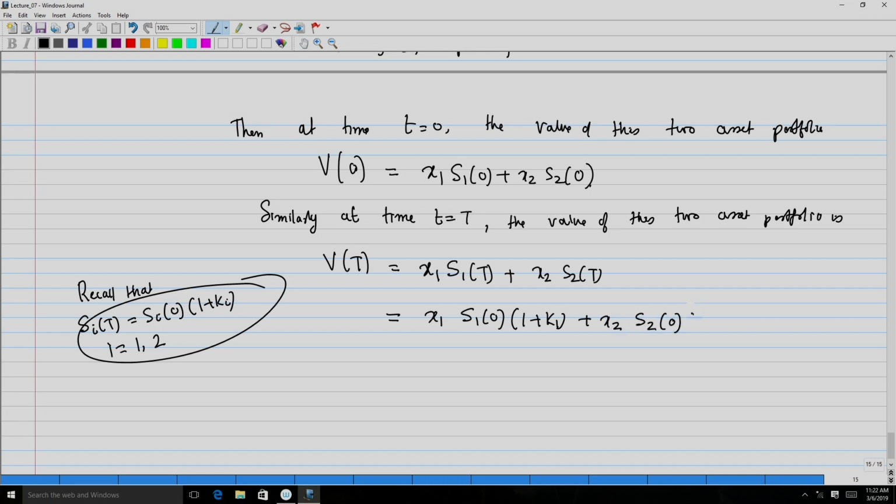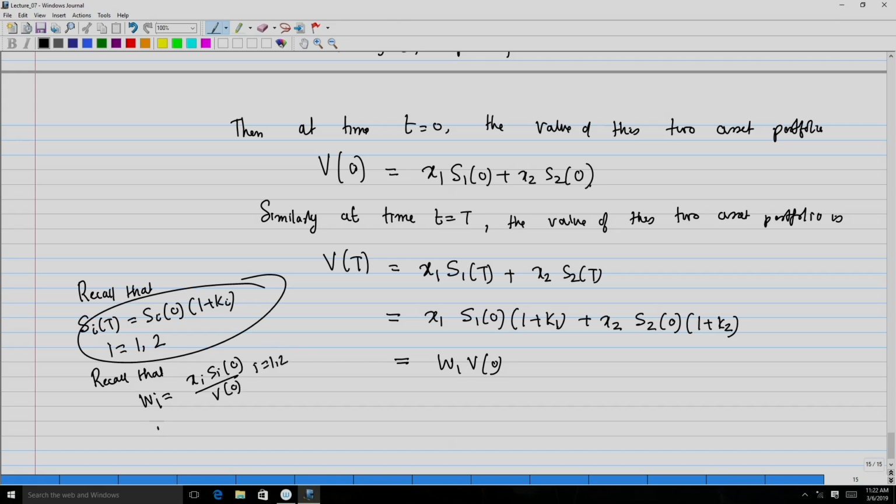into S2 0 into 1 plus K2, and this can be written as W1 V0. How do I get this? Again, recall that weight Wi is Xi Si 0 over V0 for i equal to 1, 2.